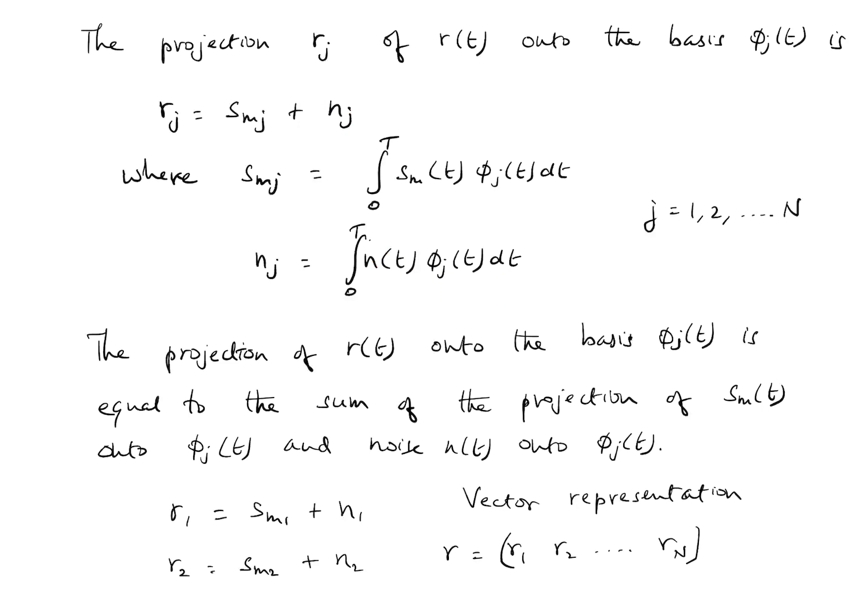So what we're trying to show here is that even in terms of the vector representation, the received signal is simply the sum of the transmitted signal plus the noise signal. So we have the vector representation of the received signal, which is R1, R2 up to Rn.